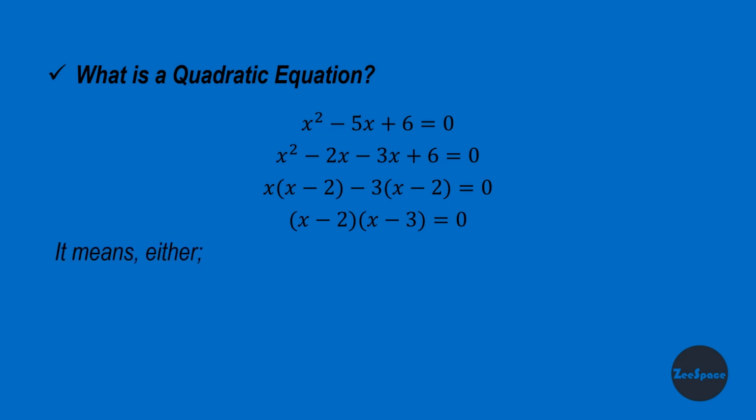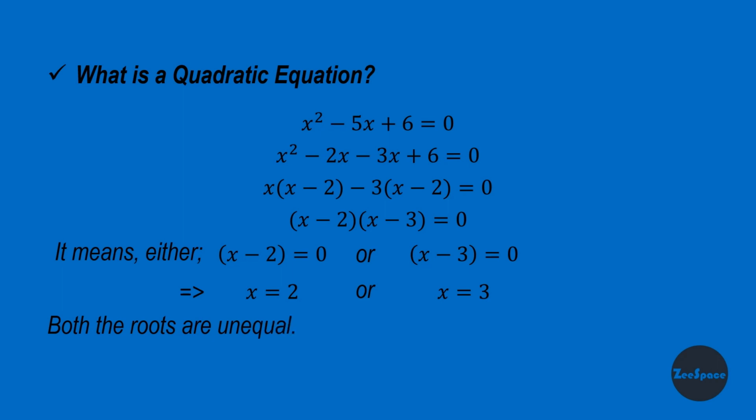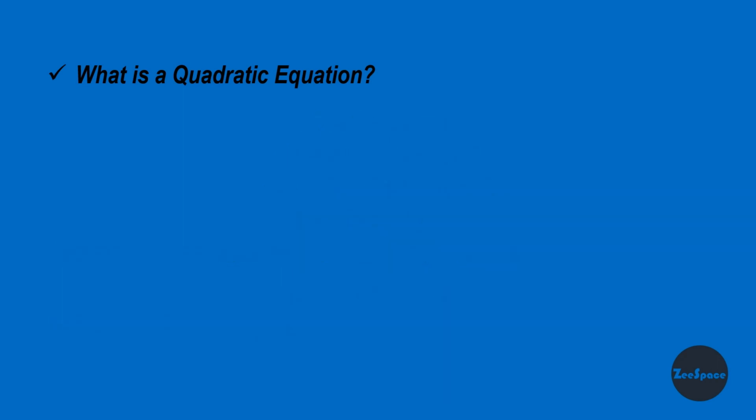This gives x minus 2 into x minus 3 equals 0. It means either x minus 2 equals 0 or x minus 3 equals 0. This gives x equals 2 or x is equal to 3. Both the roots are unequal.